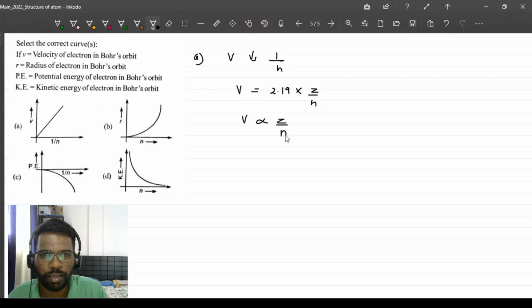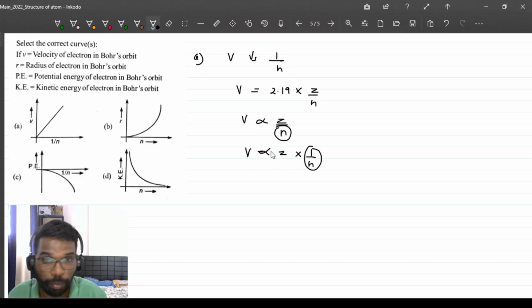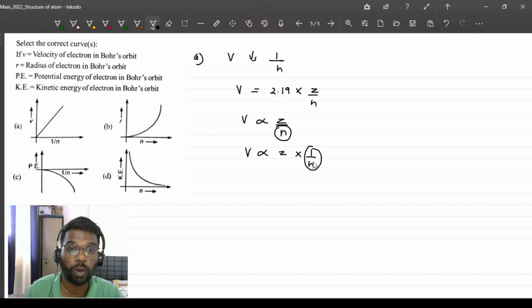Here, if you just see that, then it is inversely related to n. This could be written as velocity is directly proportional to z, and it is also directly proportional to 1 by n.